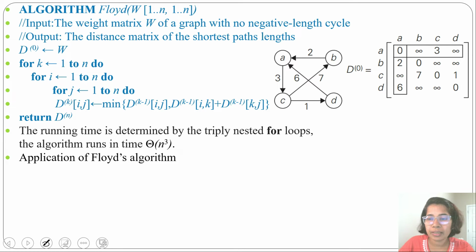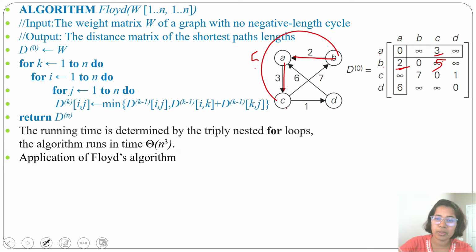Next we'll find D1. For D1, we'll mark the first row and first column. We are checking whether there is any path via A; row A and column A will be marked. B to A weight is 2, A to C weight is 3, so B to C cost will be 2 plus 3, 5.